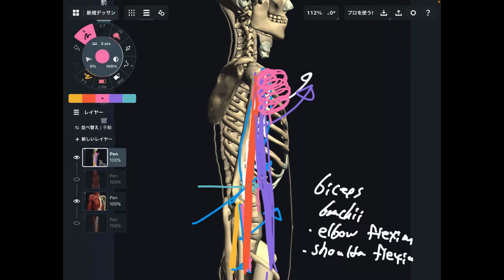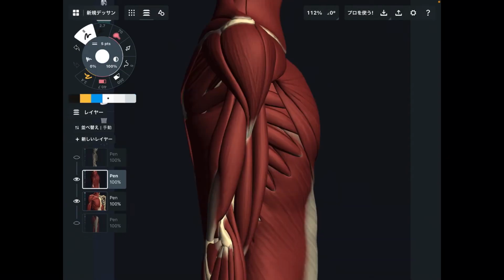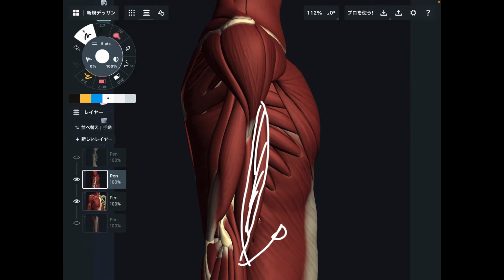Then what's going to happen to posterior muscles? They get long and stabilized here. Then you may have tightness and pain around here. So biceps is a very important muscle. If biceps gets shortened, that brings the elbow to flexion position and also shoulder flexion position.